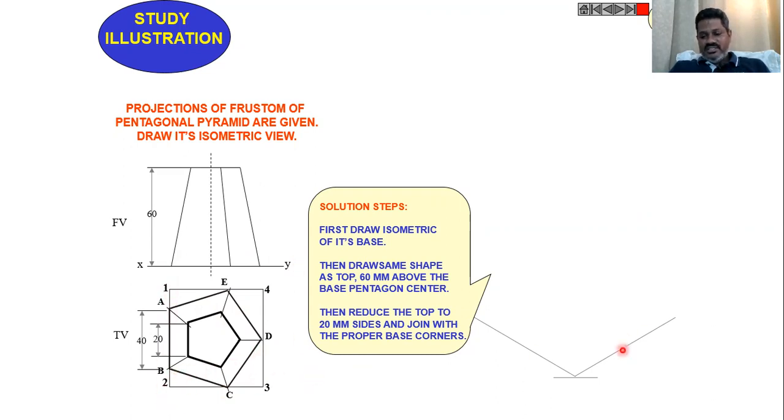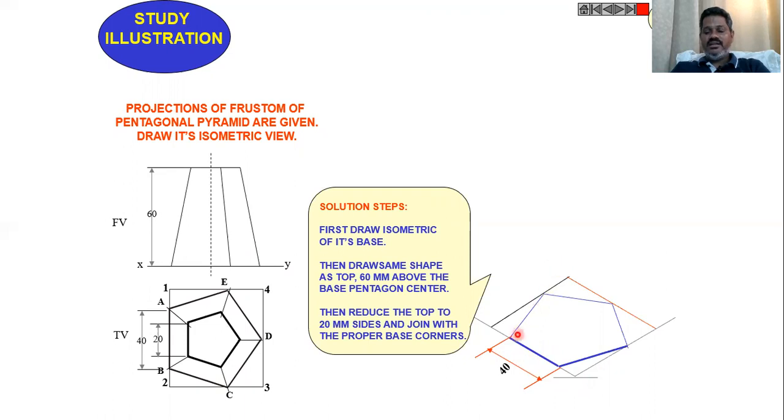With those dimensions, draw the top view to inscribe the pentagon in this rhombus with a side of 40 millimeters like this. Draw an inclined line at an angle of 30 degrees and one more line from this point at an angle of 30 degrees. Then indicate a side, and this side length is given, that is 40 millimeters.